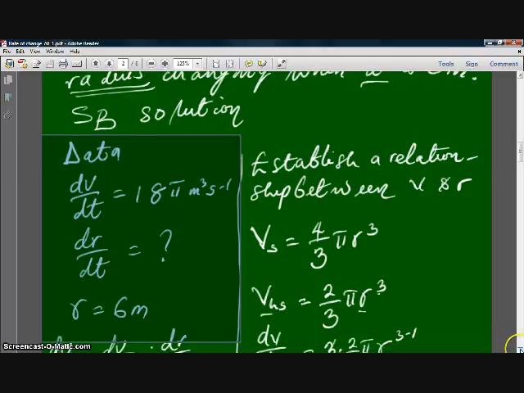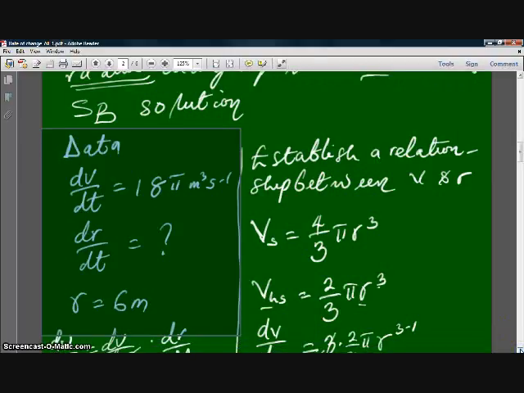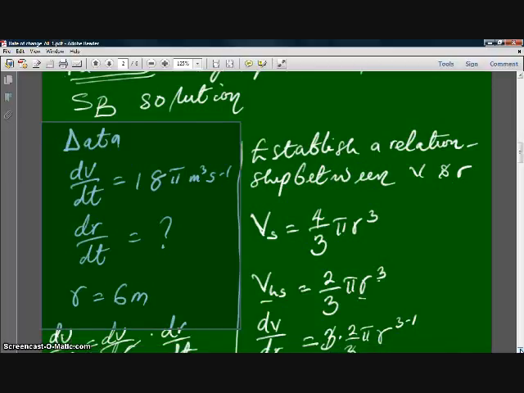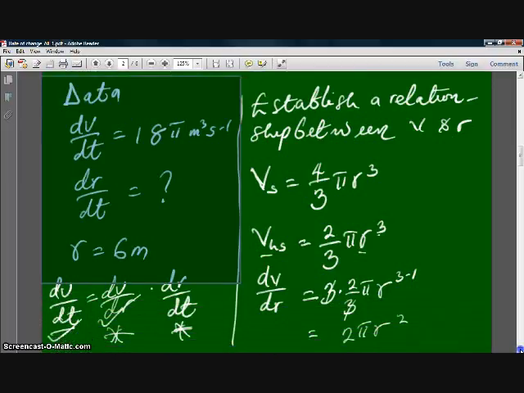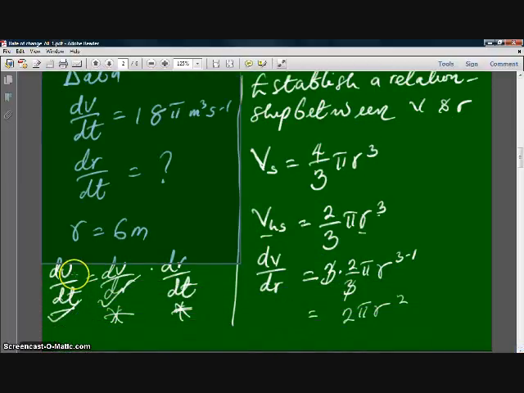So if you go by the formulae I have written, you discover that the appropriate formula is dV dt equals dV dr times dr dt. dV dt we know, so I marked it. dV dr we don't know, and dr dt we don't know.